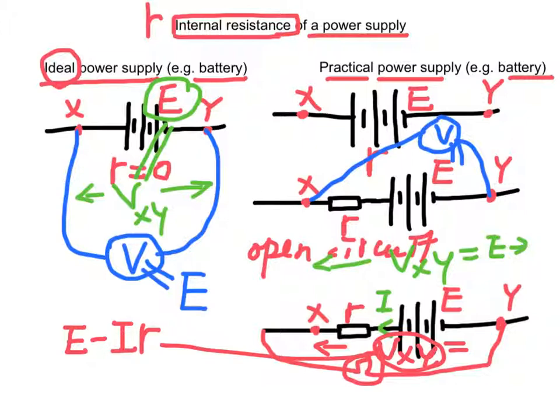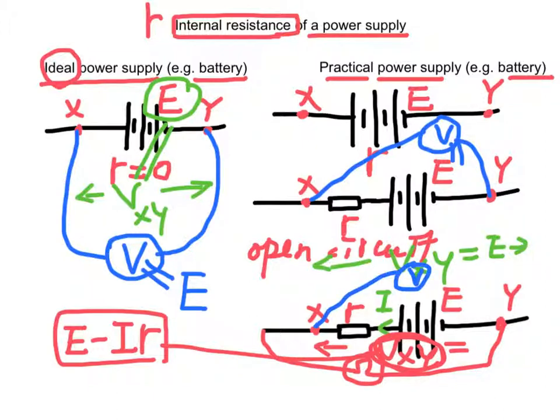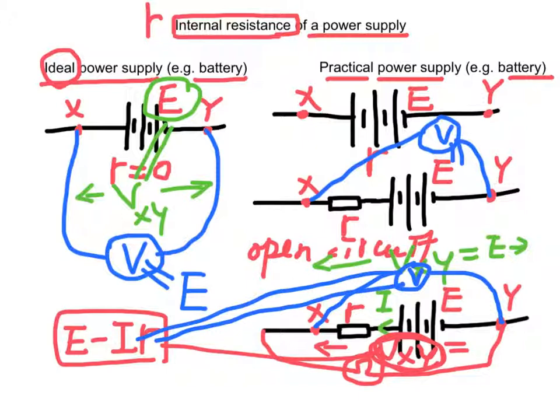Therefore, we have V across XY equal to E minus Ir, which means the voltage across XY will be smaller than the EMF of the battery. If now a voltmeter is applied across XY, then the voltmeter reading will become E minus Ir.